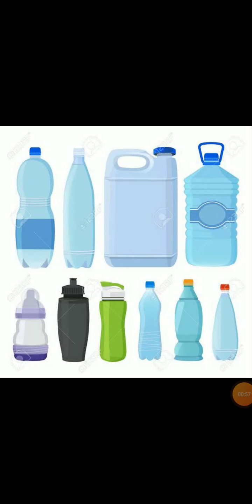So let us start with the clothes. The clothes which we wear have carbon as one of the components. The plastic bags also have carbon as one of the components. The plastic bottles or containers also have carbon as one of the components.